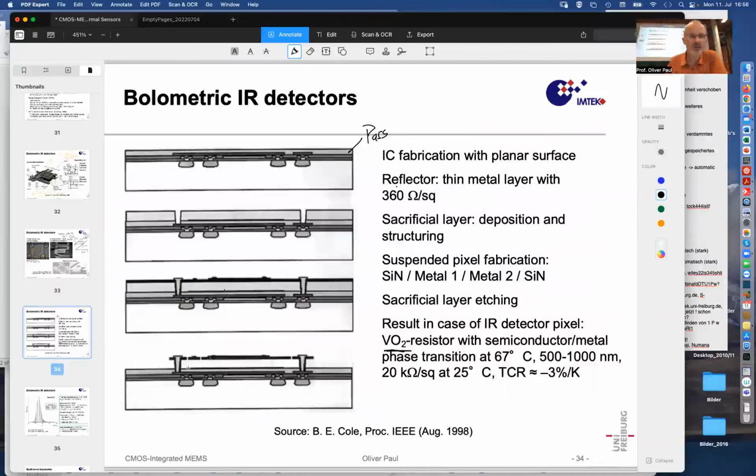And so what you see here is this absorber on its support, and then the absorber contains within its thin film sandwich of silicon nitrides the metallic conductor, which in some cases of Honeywell is this VO2 resistor. And so this has a resistance of 20 kilo ohms per square at 25 degrees centigrade.